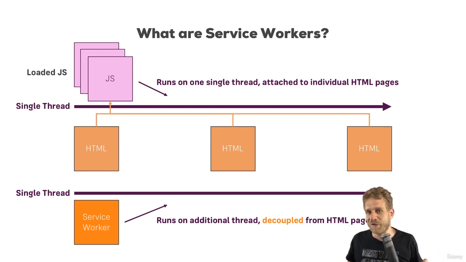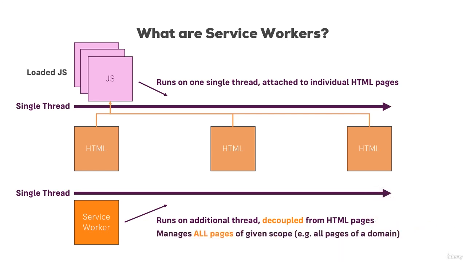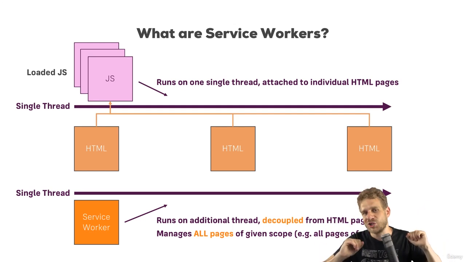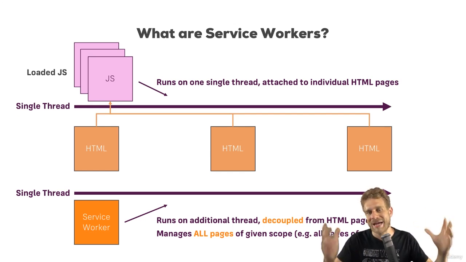But one other crucial thing that a service worker can do is it can manage all your different pages in case you got multiple pages, or your single page if you're building an Angular app, and it can listen to outgoing network requests. So it can listen to requests going out of your web page. For example, if you're fetching the assets of that web page, the CSS code, the font, the JavaScript, or also data from an API.